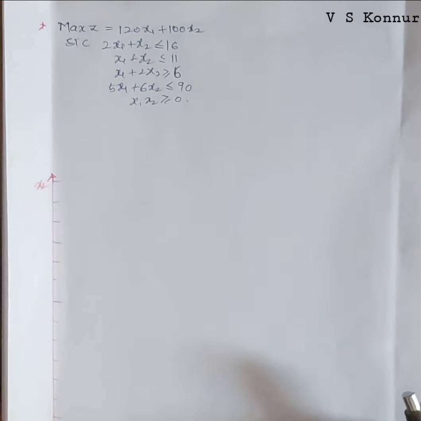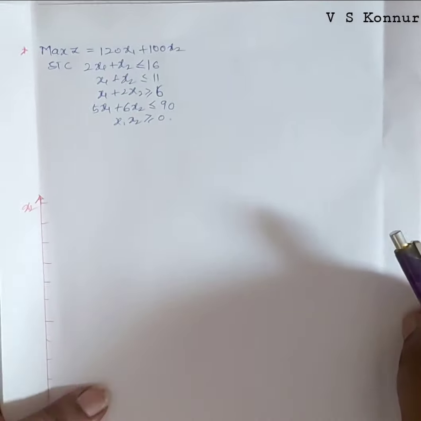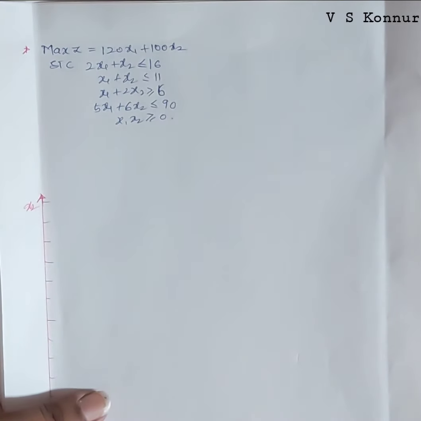So that is max of z is equal to 120 x1 plus 100 x2, which is subjected to the constraints: 2x1 plus x2 less than equal to 16.